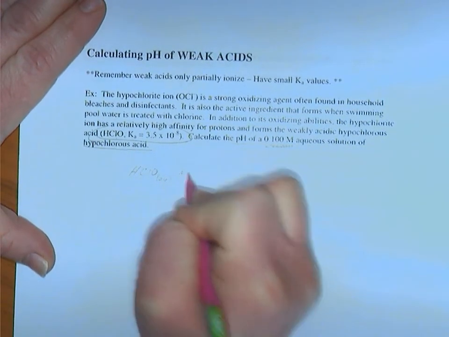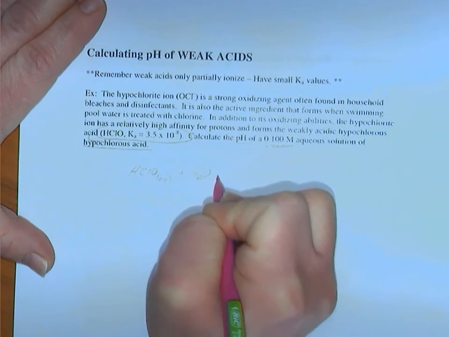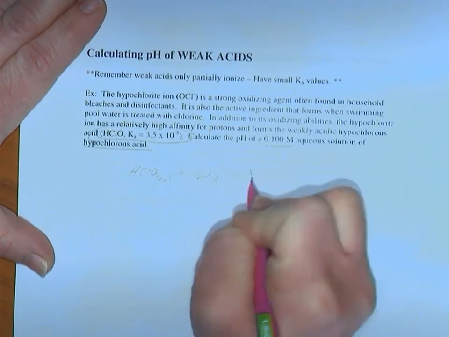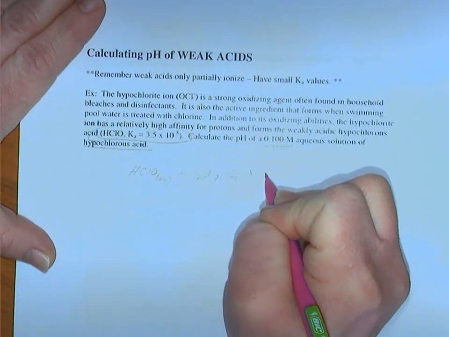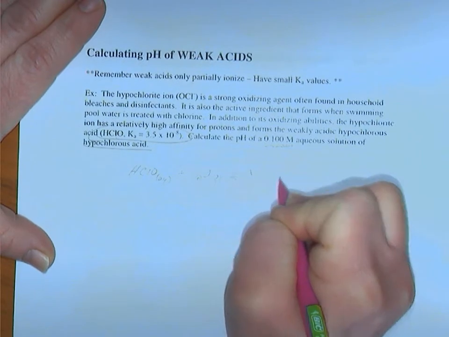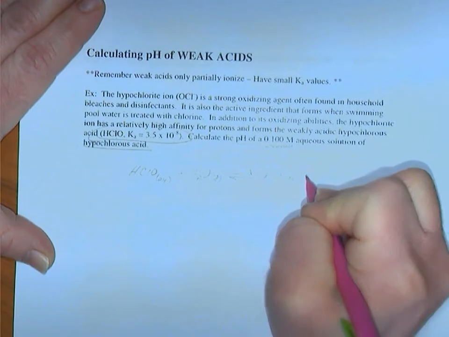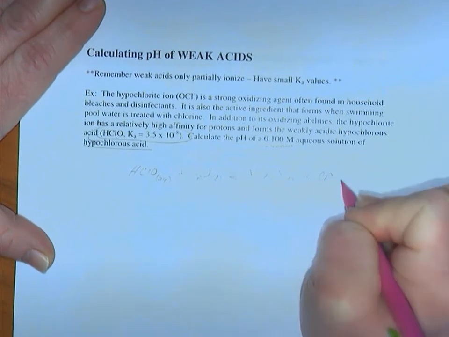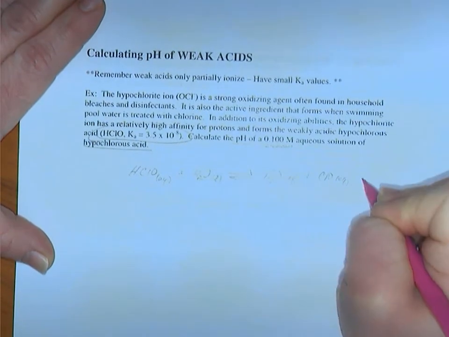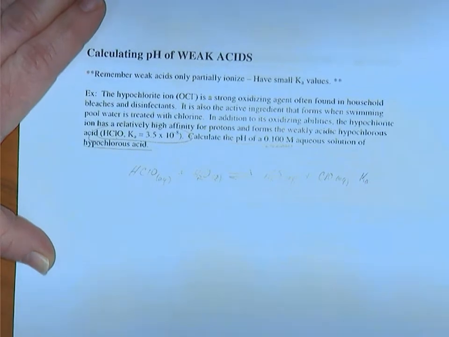And it is absolutely up to you if you want to write water or not in your equilibria reaction. If we are including water, we want to write hydronium and then the conjugate base, and then we know we want to write our Ka expression right to the right.